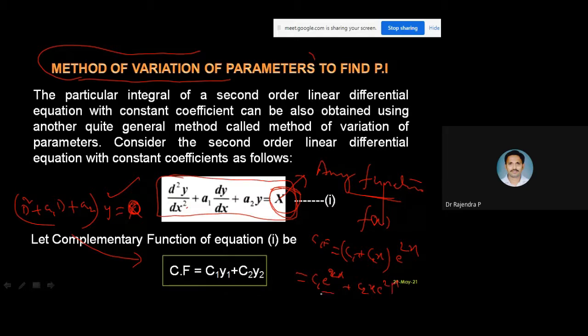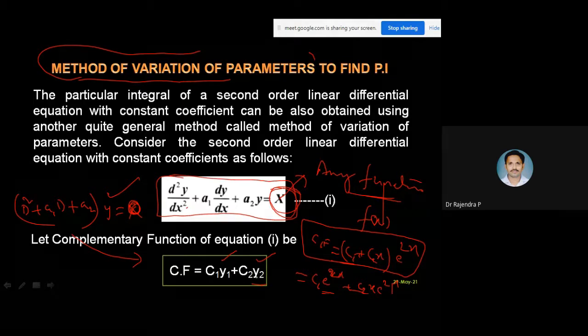So here I get c1 y1 and c2 times the remaining whole function y2. So you have to write your complementary function in this form. Even sometimes when roots are real and equal, where we make a group, you ungroup it and, just by multiplying, write it in this form. Okay?